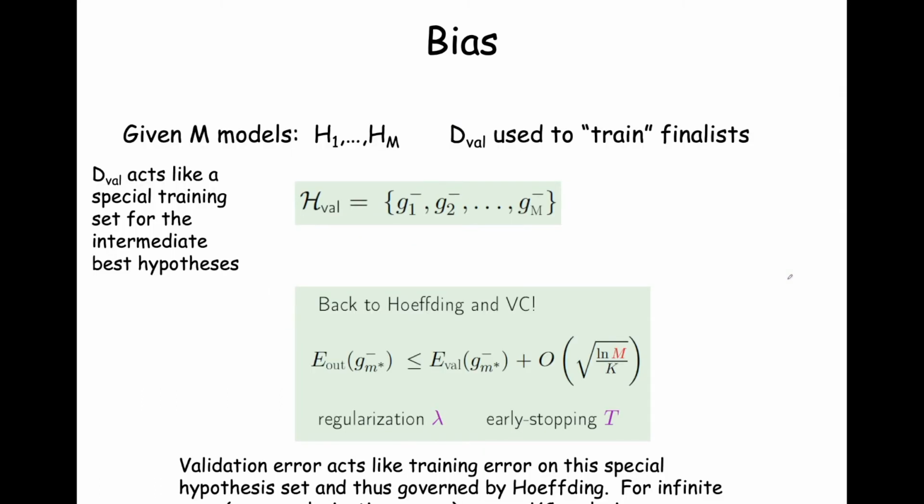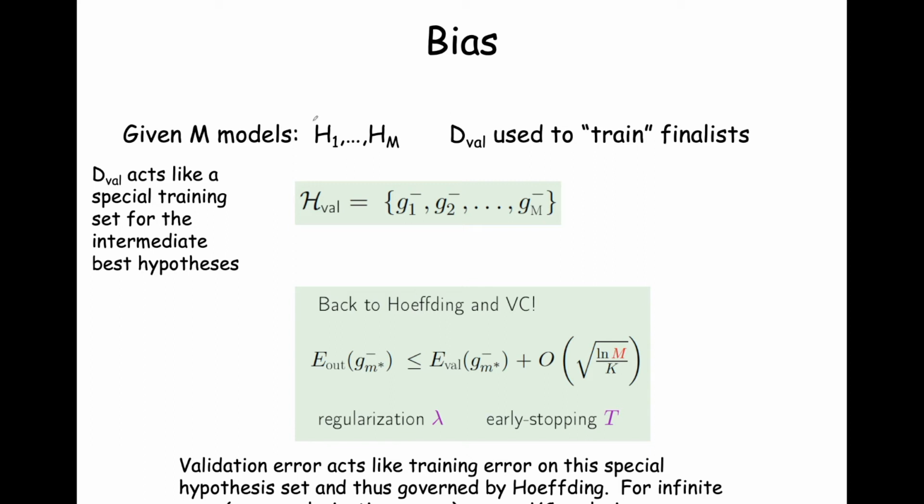So let's take a look at this idea of validation as a weird type of training, secondary training. You have a bunch of models, H1, H2, H3, up to and including HM. And we effectively use D val to select some hypothesis from among a set.